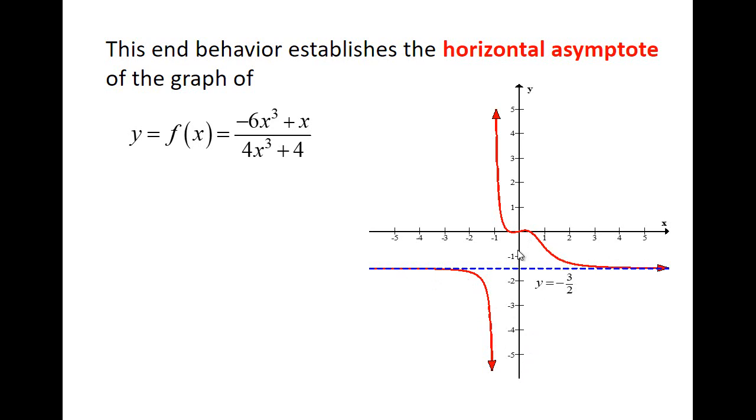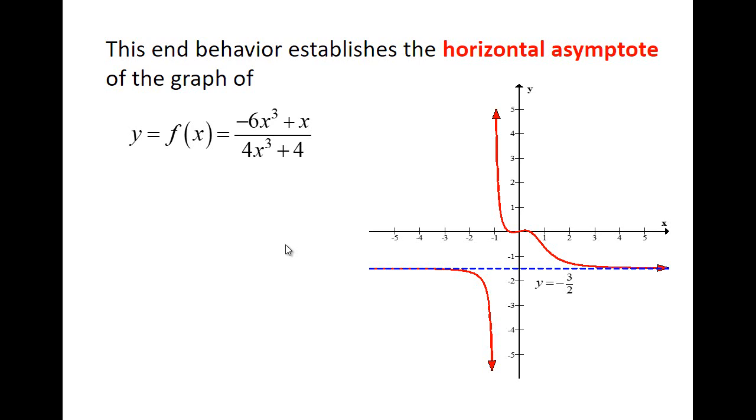Now, these two red curves, they don't touch the horizontal asymptote here because the value of the function never achieves the value negative 3/2 here.